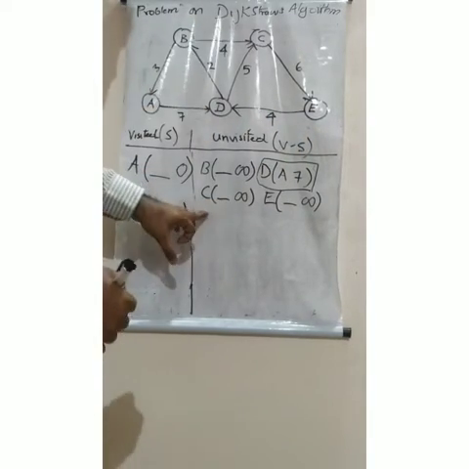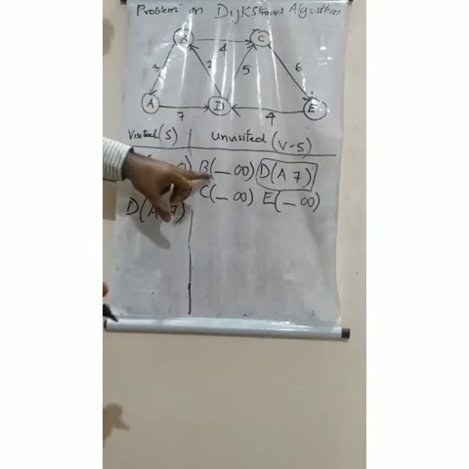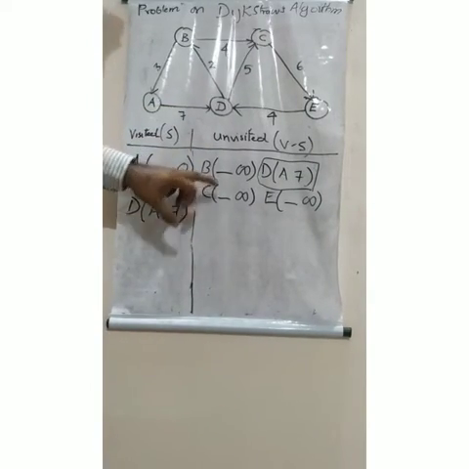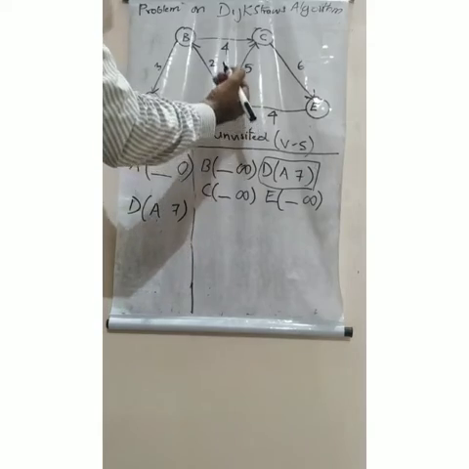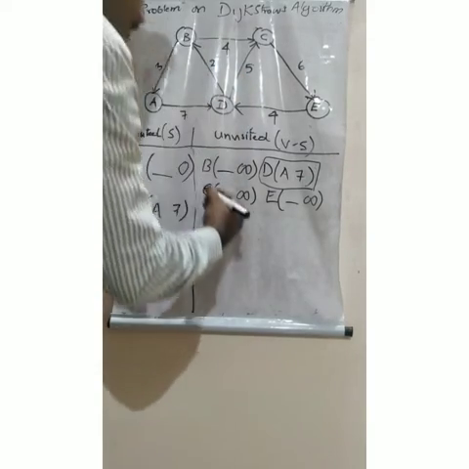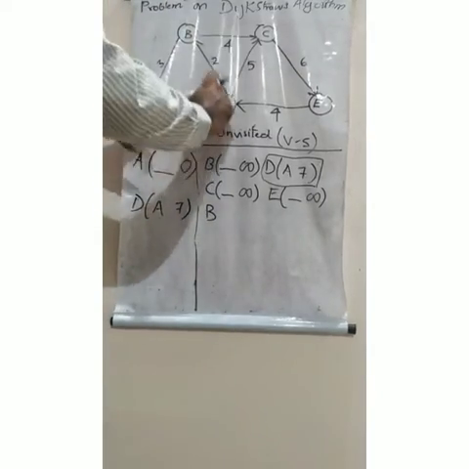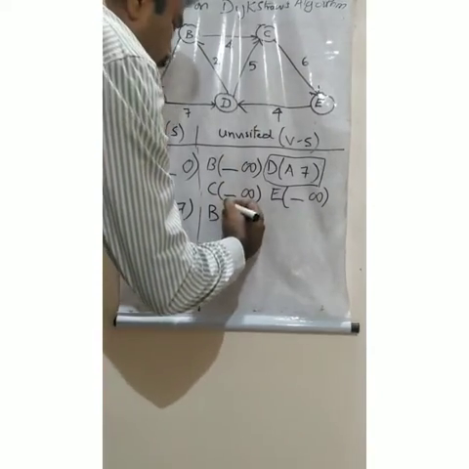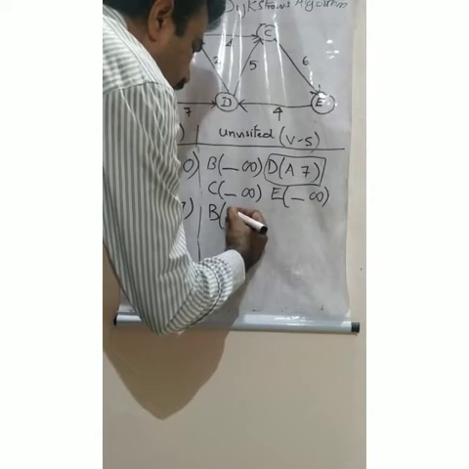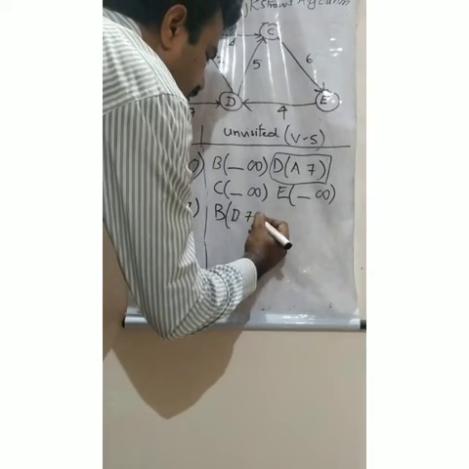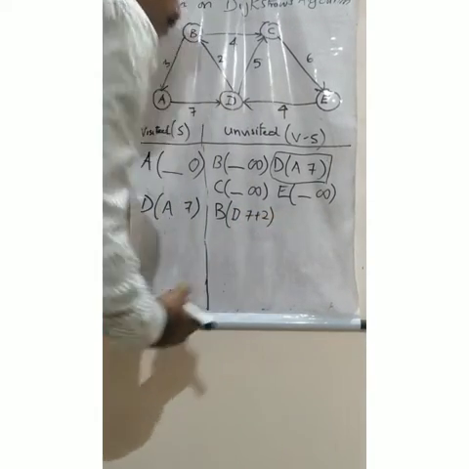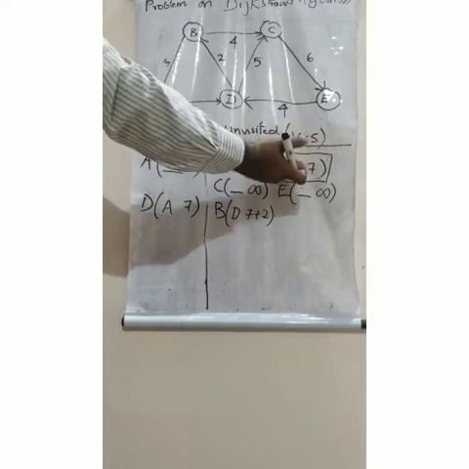Now let us take B. Initially B was infinity, but now after reaching D there is a connection from D to B. So the source is D and the distance is 7 plus 2. Now D we don't have to consider.